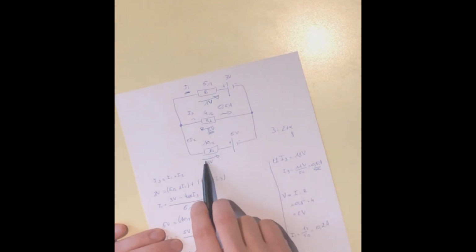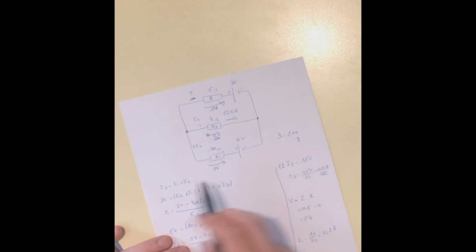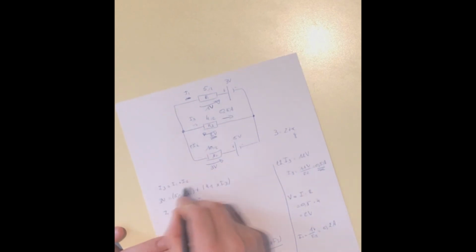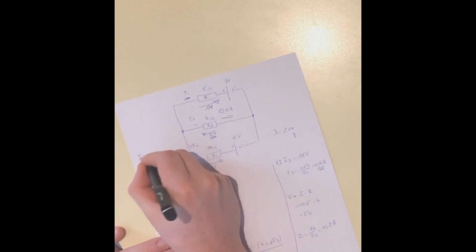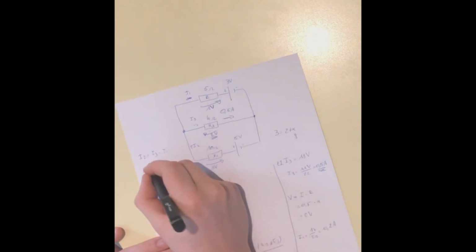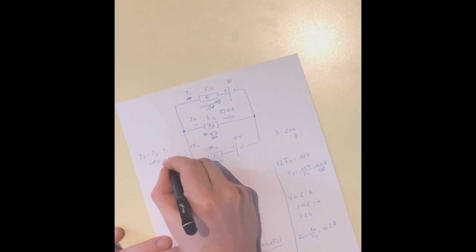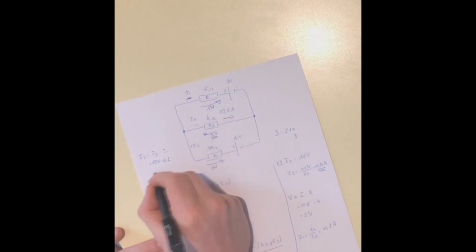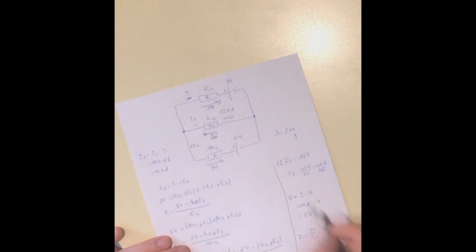Now we have 2 ways to calculate I2. We can use this formula, which says I2 is equal to I3 minus I1. Is a half minus 0.2 is equal to 0.3 amps.